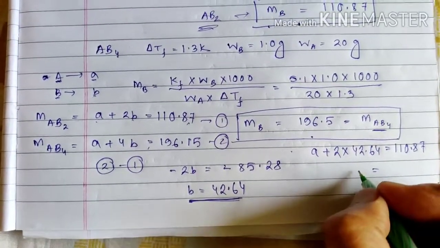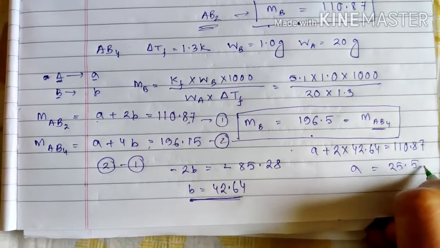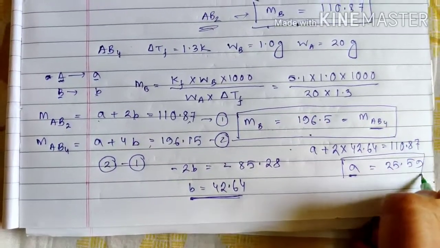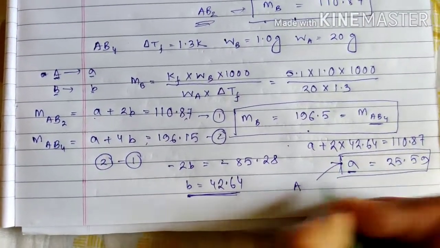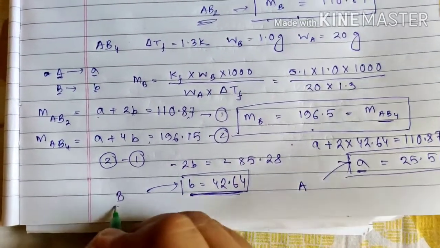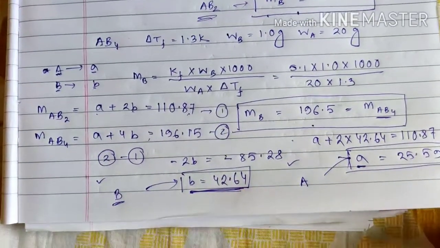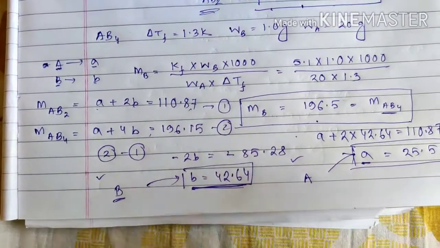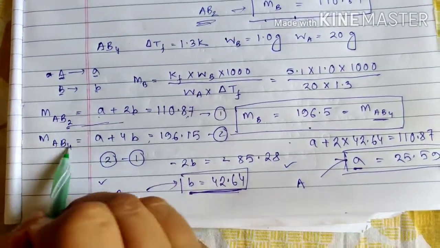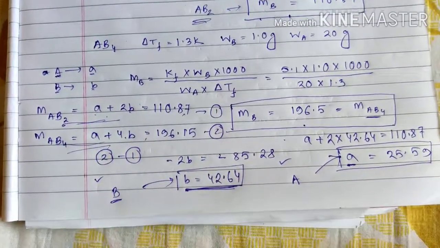You will get a as 25.59. So we are getting the value of small a, which is the atomic weight of A, and the value of small b, which is the atomic weight of B. Like this way we have calculated the atomic mass of A and B. First we calculated their molecular masses from the known formulas, then we wrote two equations, and from there we simply calculated.